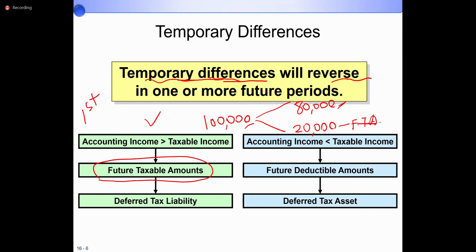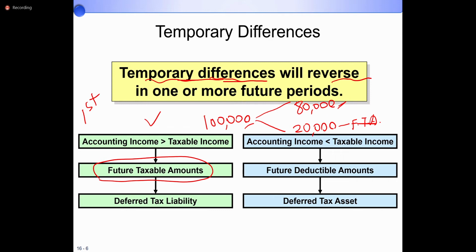You can see here, future taxable amounts. $80,000 is the taxable income. $100,000 is the accounting income. In this case, we made a profit of $100,000, and we need to pay tax right now on $80,000. The $20,000 will be taxed and paid in the future. Again, that's called a temporary difference.